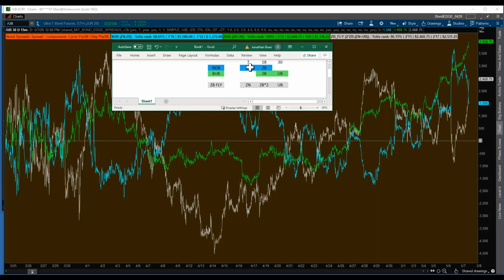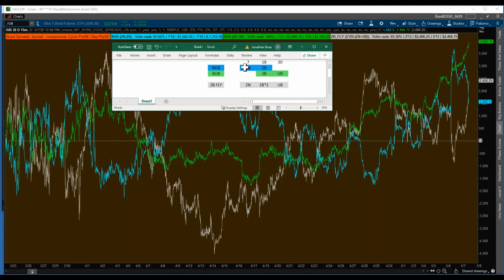A triangle would be ZN, UB, ZB when you take in 3 products. So we have our knob, ZN, ZB, bub, ZB, UB. When we look at 3 different products, that's what we're referring to as a triangle. When Pablo and I say we trade triangles, that's what we're talking about.